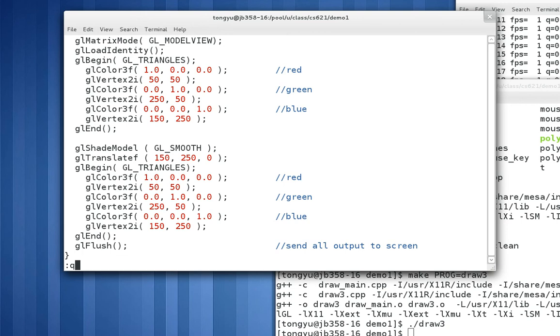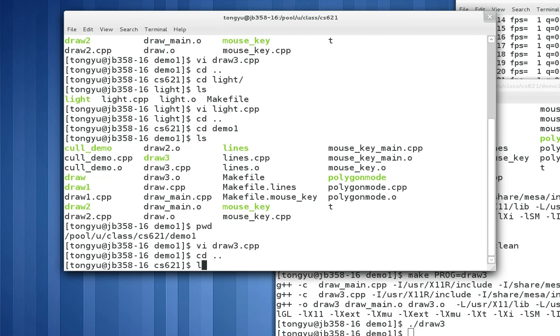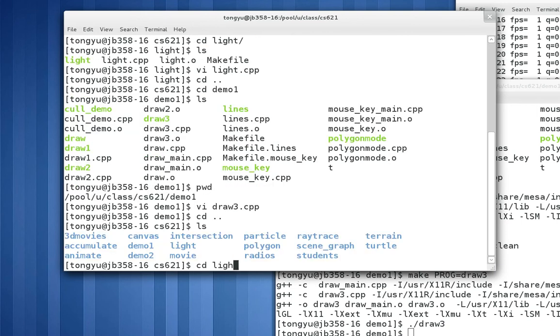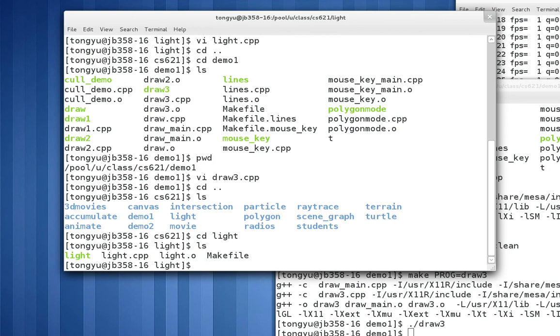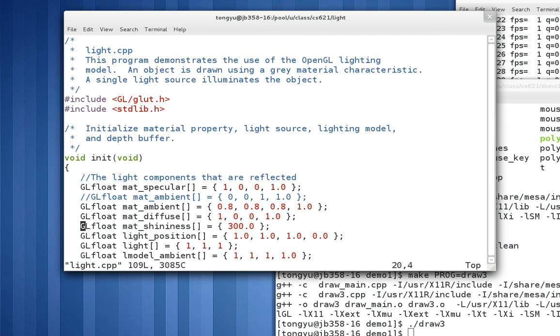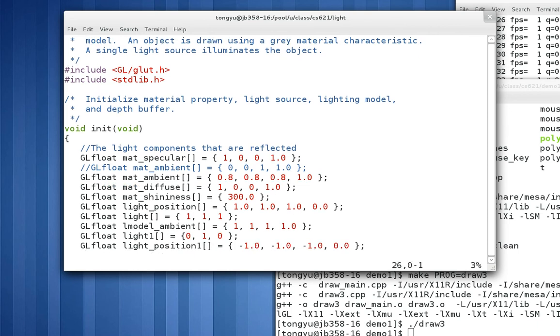Now in another directory, which is the directory light, there's a program called light.cpp. This shows you the OpenGL commands for lighting.